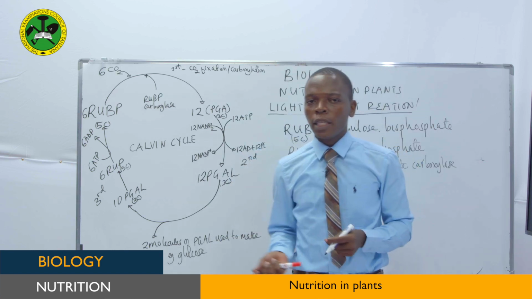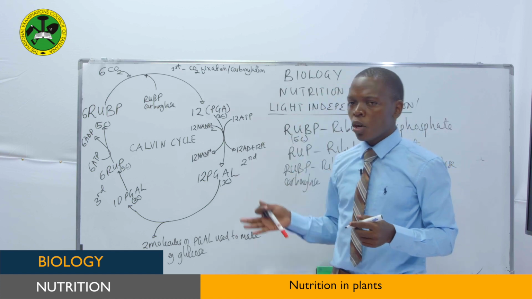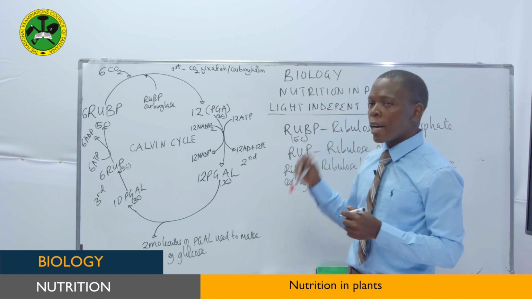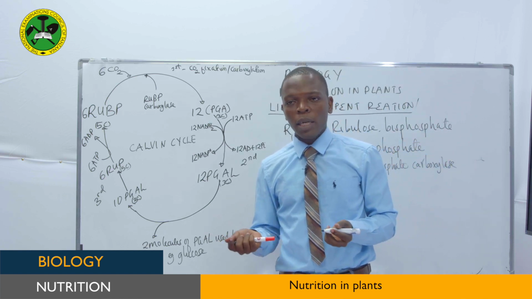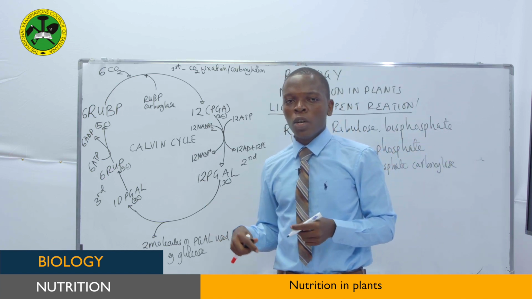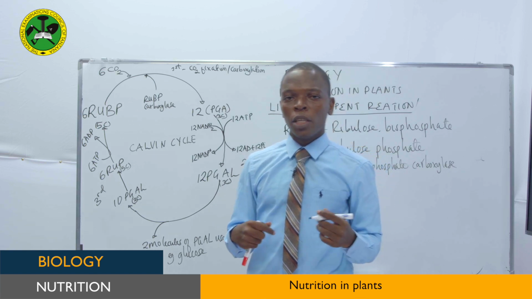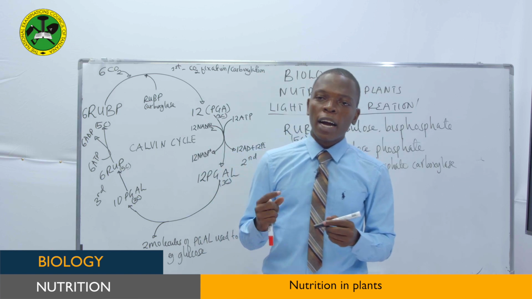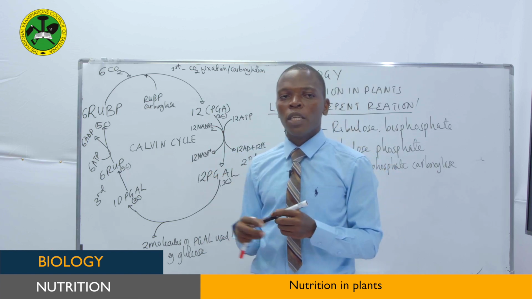So, my students, let me conclude our session of today. We were talking about light independent reaction, and we need to know the main event during light independent reaction. As we have seen, the Calvin cycle is the main event.